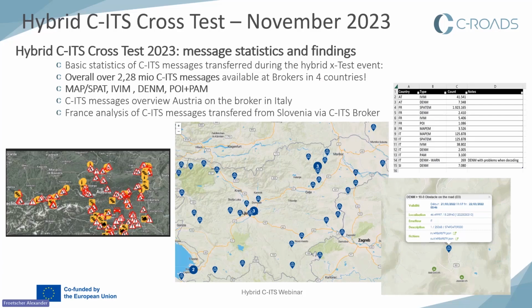The second element that I have put into the slide is that our French colleagues on their message broker looked at the messages distributed from Slovenia, and the details of a single published message are fully available and can be seen in this look into the details of such a single DENM message, which is an obstacle on the road somewhere on a local street in Slovenia, but nevertheless published on the broker and available for all other participants to connect to overall at a broker.